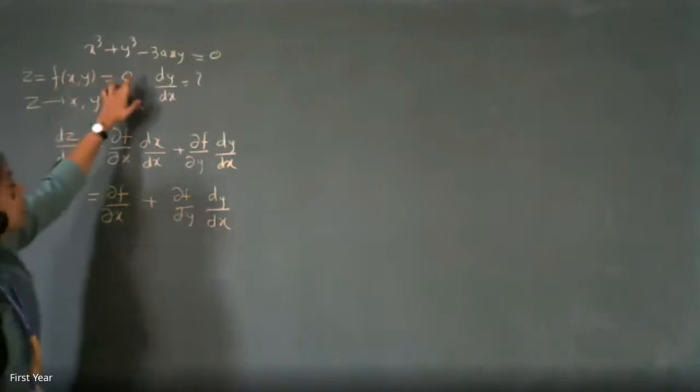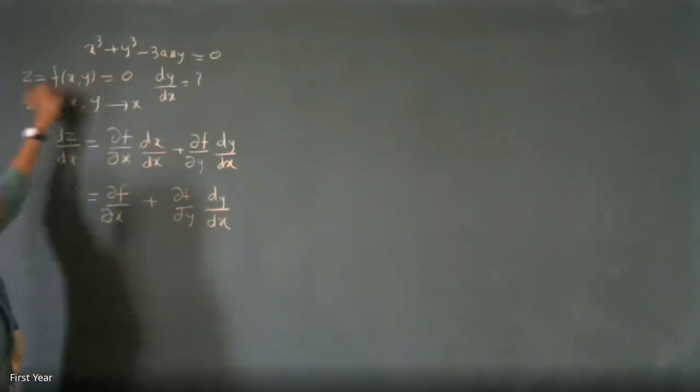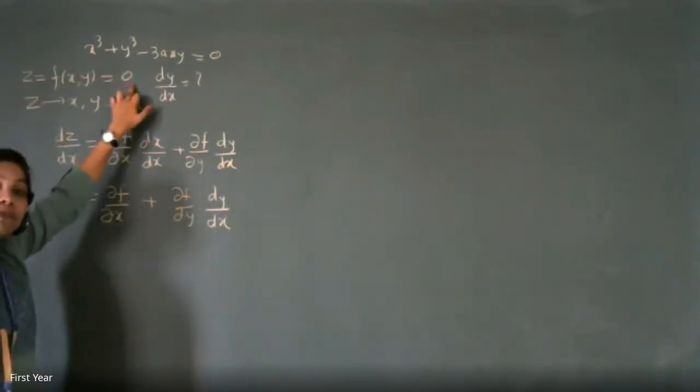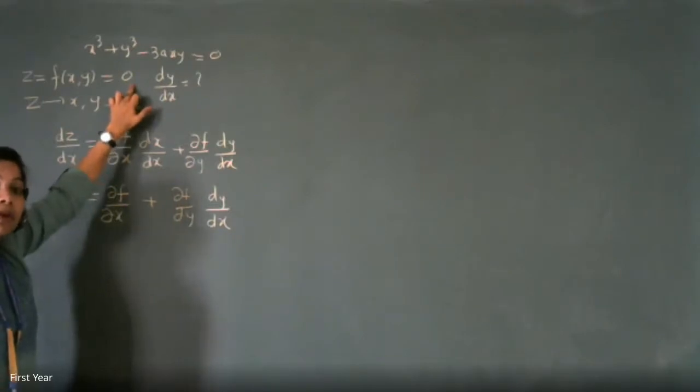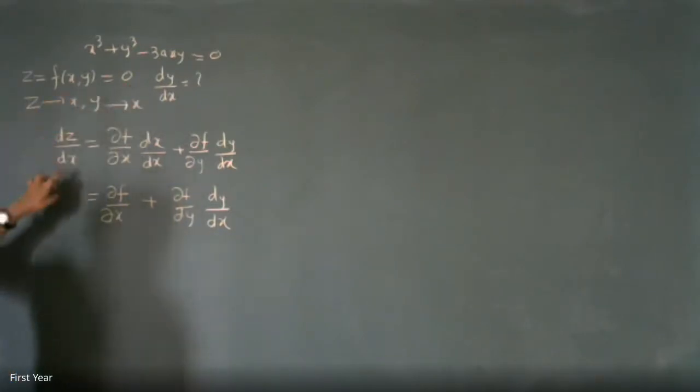Please listen carefully. f of x, y is equal to 0. That means actually z is equal to 0. So what will be the change of z in terms of x? Is there any change in z if I put z is equal to 0? I'm making use of this function on the right hand side. So there is no change in z with respect to any variable.